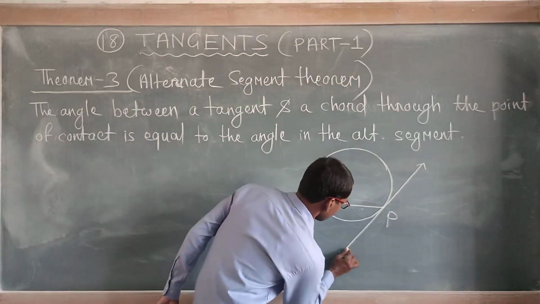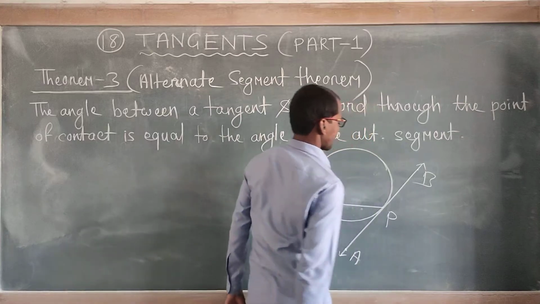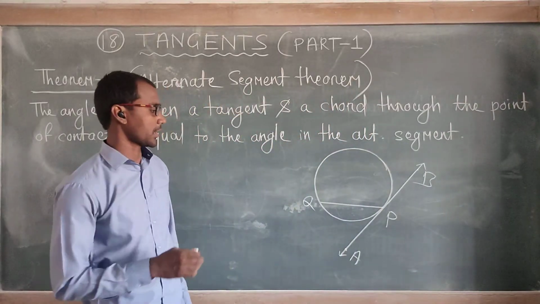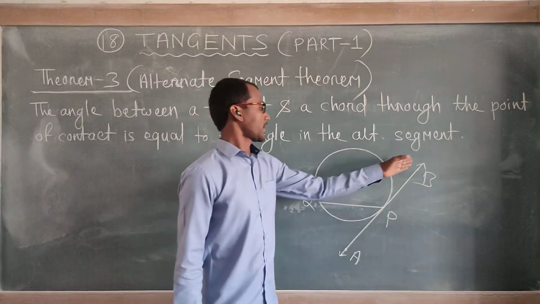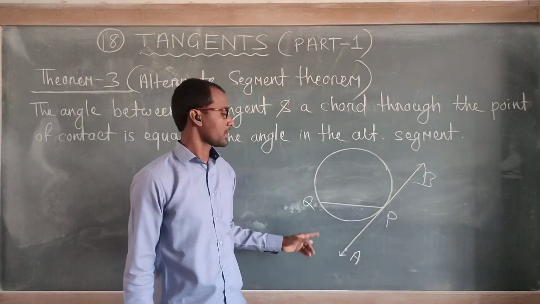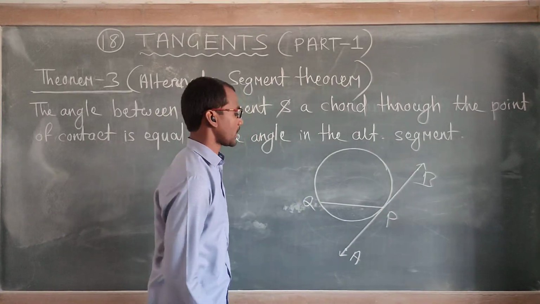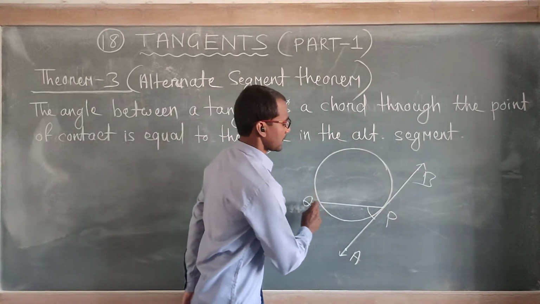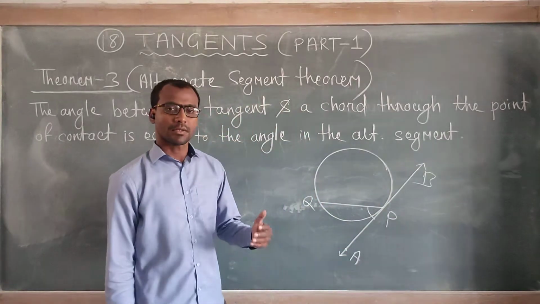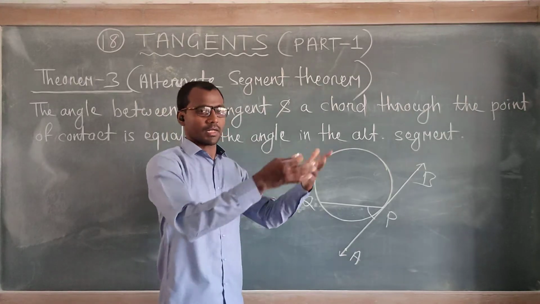Let us name the line AB. AB is a tangent touching the circle at point P. Now, as per this theorem, the angle between the tangent and the chord through the point of contact, let us take this angle, angle QPA, will be equal to the angle in the alternate segment, the other segment.